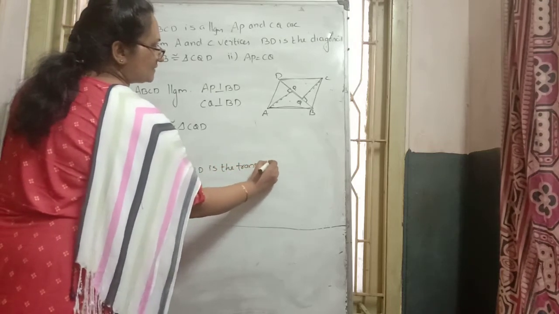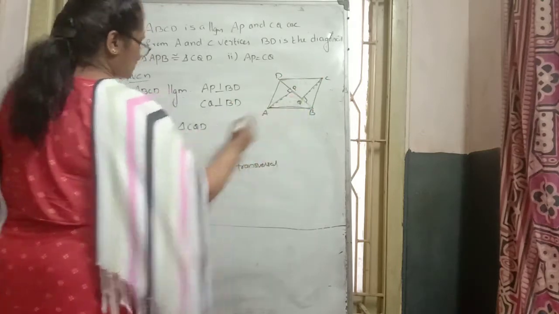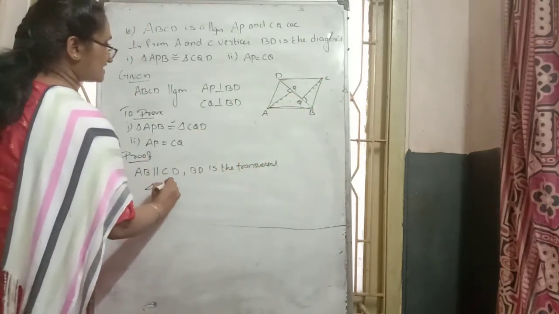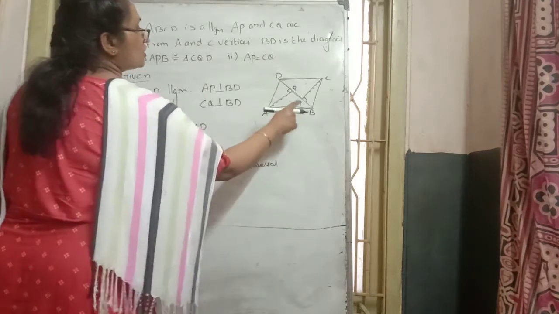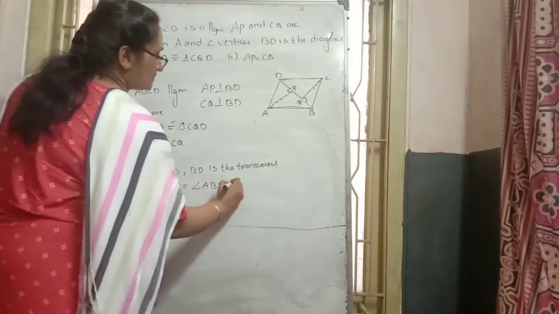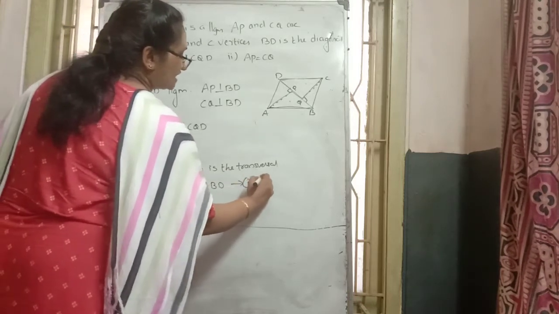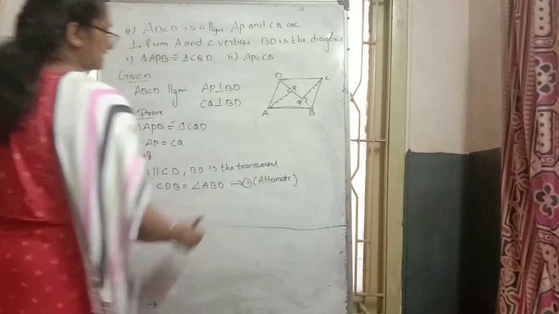They make alternate interior angles, the Z shape. So we can write angle CDB is equal to angle ABD, or DBA, in any order. Mark it as equation 1. The reason is that they are alternate interior angles.